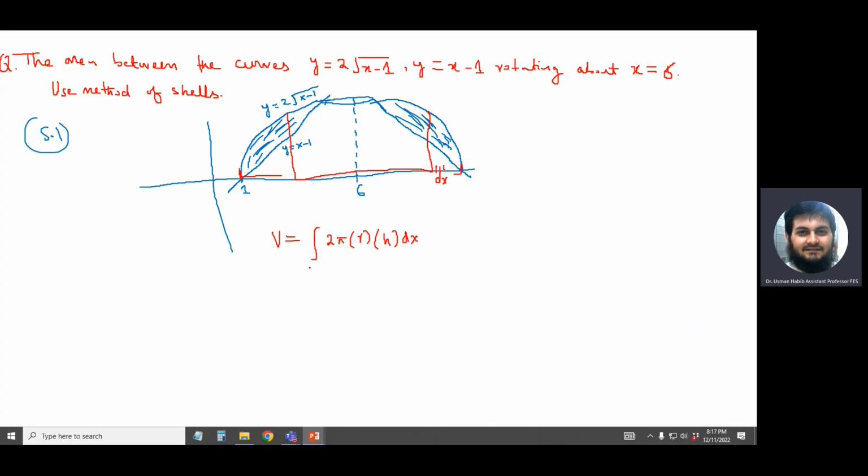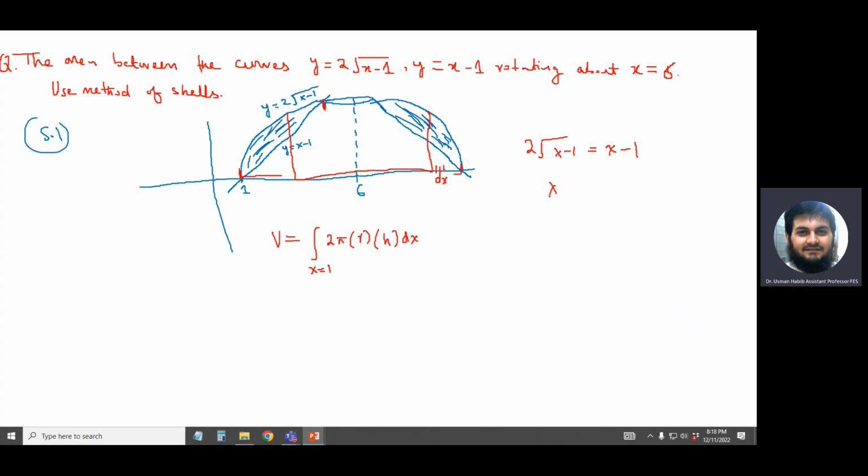So we are looking for x equals 1 up to this point, where our solid stops, and there's nothing beyond that. So what is this point? Let's find out. We have two curves. Let's put them together: the square root of x minus 1 equals x minus 3. If we set both of them equal to one another, we will find the point of intersection.